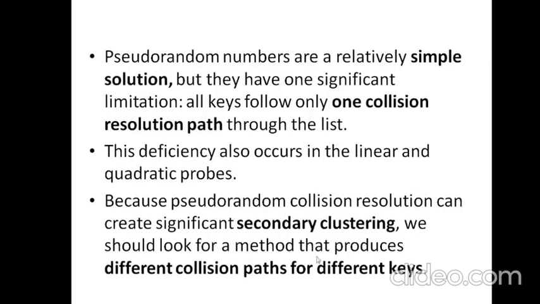To overcome the resolution path problem followed by the pseudo-random algorithm, we need an algorithm which generates different addresses for different keys. So based on the key, the address has to differ, but in pseudo-random the address is generated independent of the key, and so it tries to follow the same path.